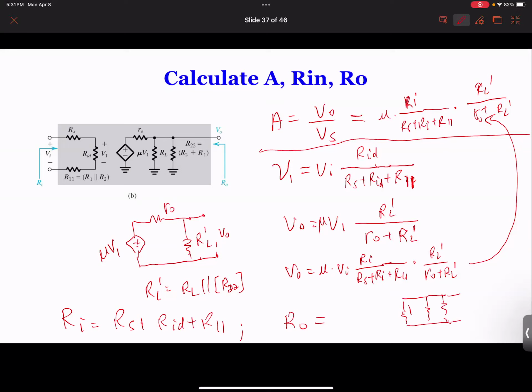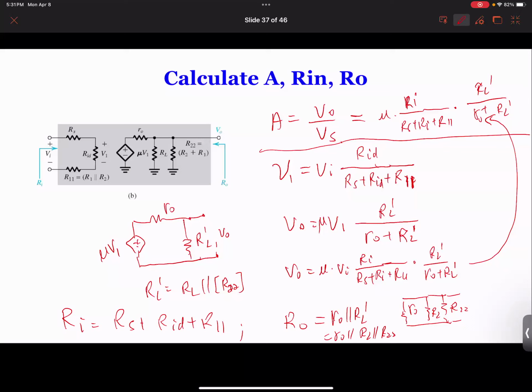Right? So this is RO, this is RL, and this is your R22. So RO equals RO in parallel with RL prime, and RL prime is RL in parallel with R22. And R22, of course, we know how to calculate.